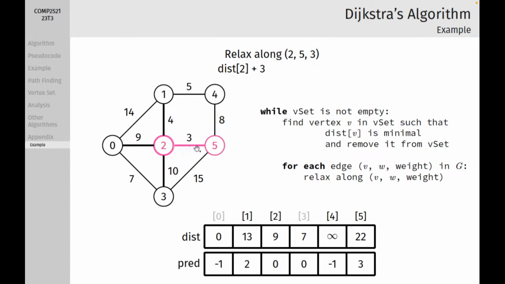The distance to 5 is going to be 9 from the distance array plus 3, so that's 12. Since 12 is smaller than 22, we update our distance array to 12, and we also update the predecessor to 2. Now we're done with exploring 2.